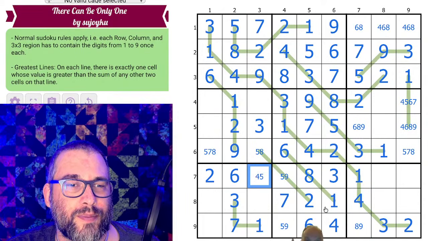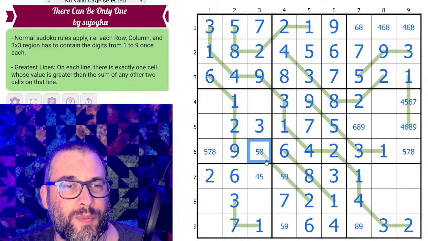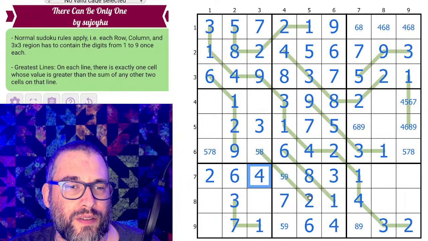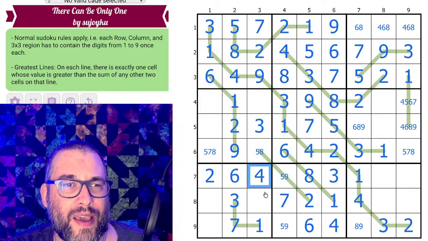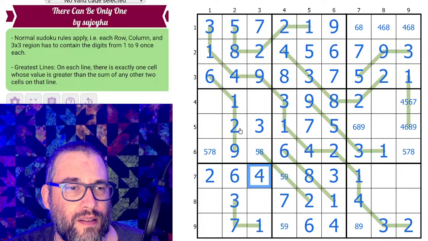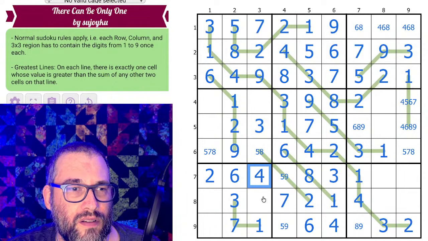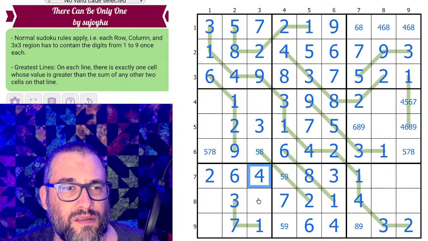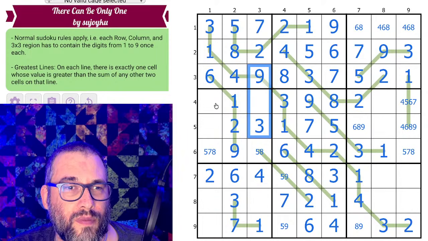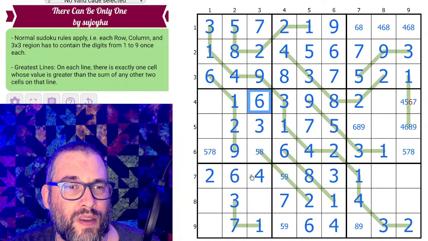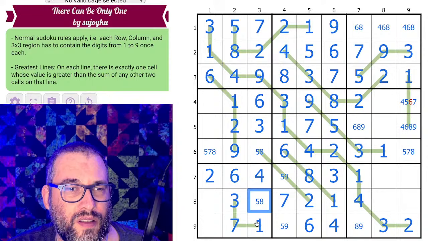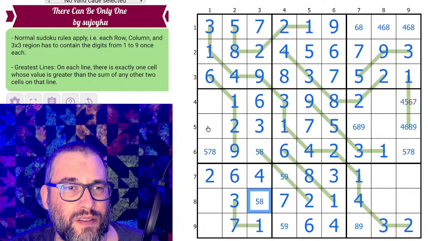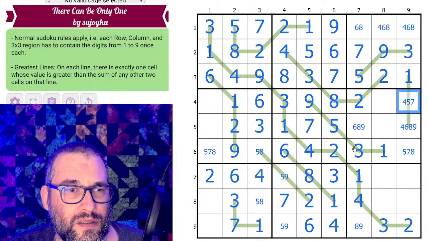Oh, it's this. One of these has to be a 5. So that's a 4. That's a 6. That's our other 5, 8. No 6 there.